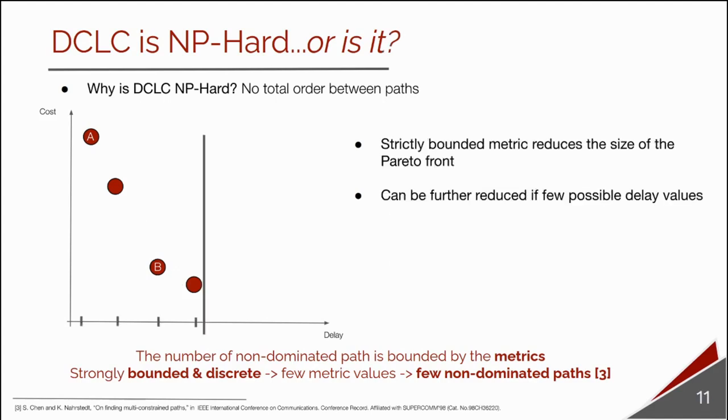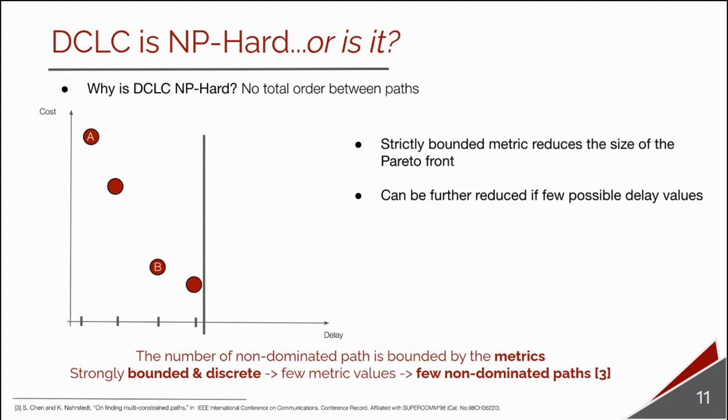Because there is only a few possible values, and they are bounded, so it can't exceed a certain threshold. And when you consider this, well, DCLC is not NP-hard anymore because there is a constant number of possible values for the metrics.